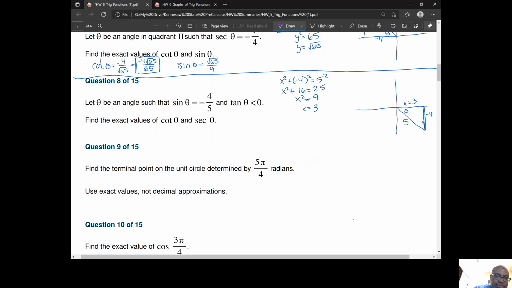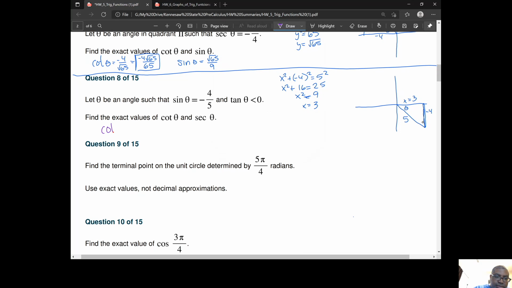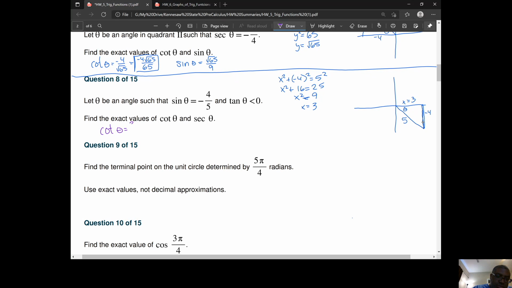So cotangent of theta, if tangent of theta is opposite over adjacent, then cotangent is adjacent over opposite, which is 3 over negative 4, which is negative 3 over 4.